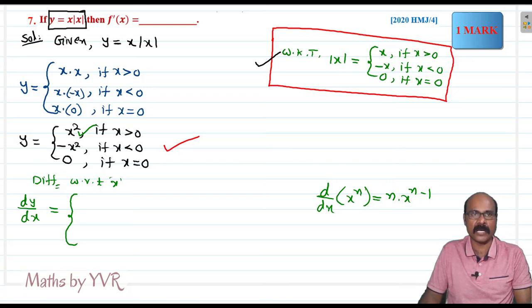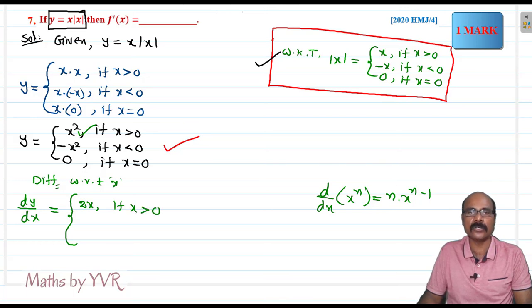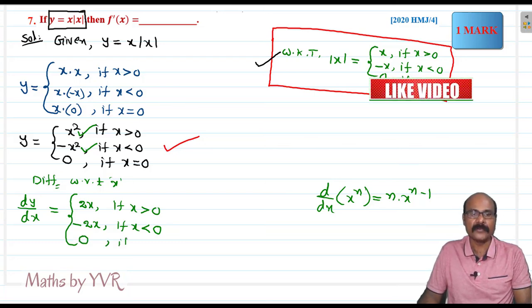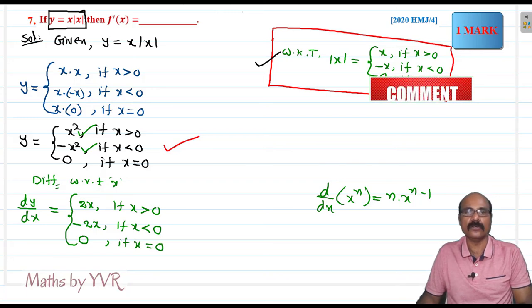So by using this formula, the derivative of x squared is 2x, if x is greater than 0. Next, if y is equal to minus x squared, then the derivative is minus 2x, if x is less than 0. And the derivative of 0 is 0 if x is equal to 0.